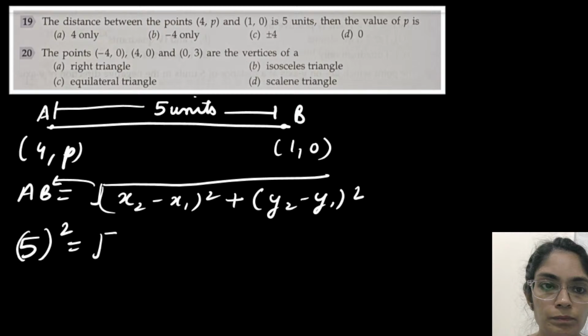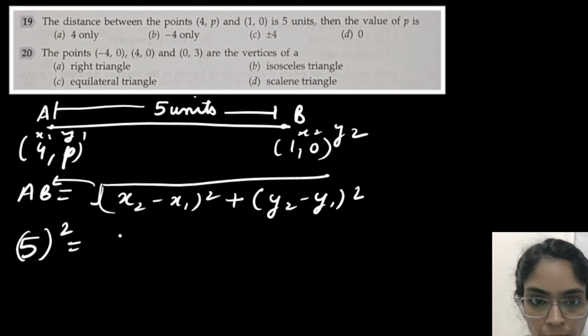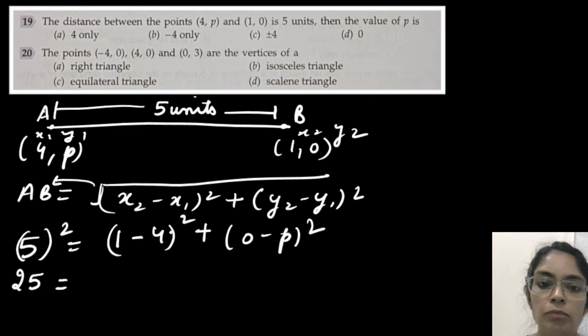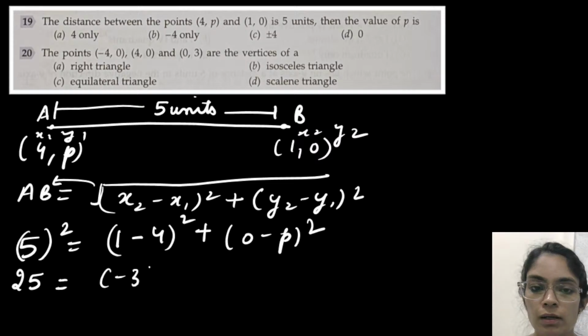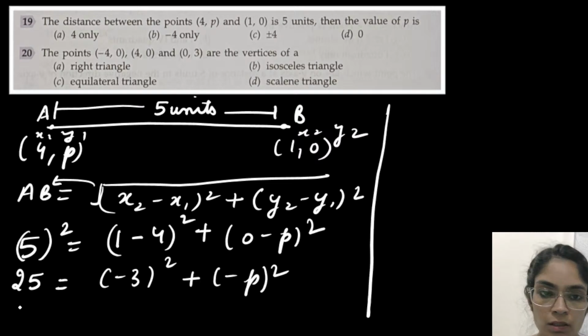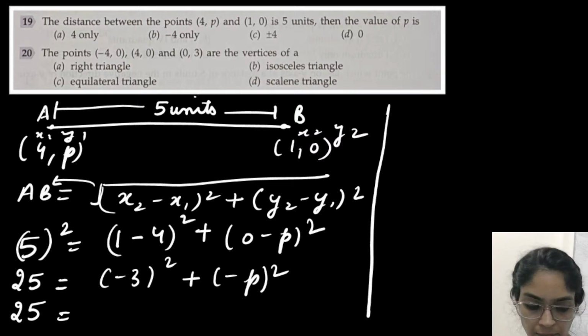So x2 is 1 minus 4 whole square, y2 is 0, 0 minus p whole square. So 5 square is 25. 1 minus 4 is minus 3, minus 3 whole square. 0 minus p is minus p, minus p whole square.